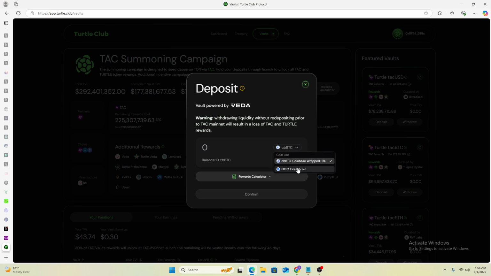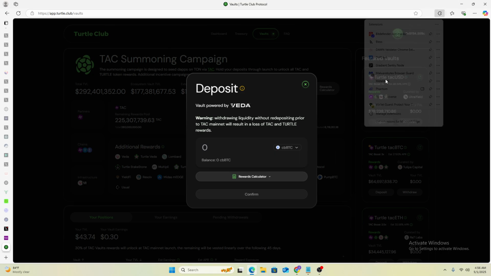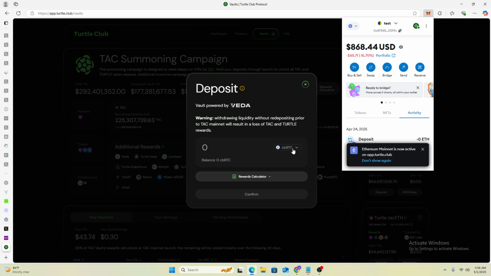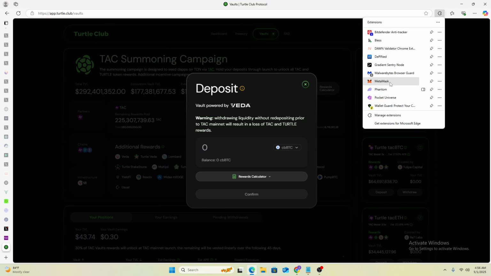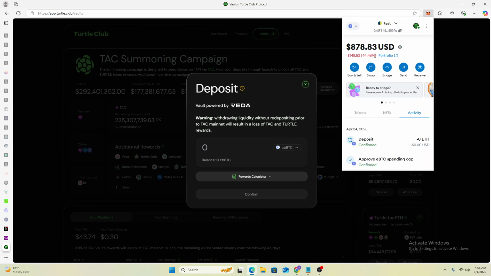So you have the options of depositing here Coinbase wrapped BTC or Fire Bitcoin. Okay, both of these you can even purchase directly on MetaMask. So there is no option of wrapped BTC. My error there. The BTC variant to deposit here is CBBTC. So typically, if you are withdrawing your BTC from Coinbase to the Ethereum chain, you will likely be getting CBBTC.